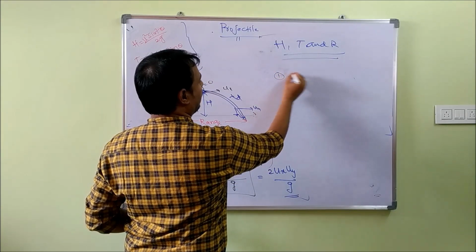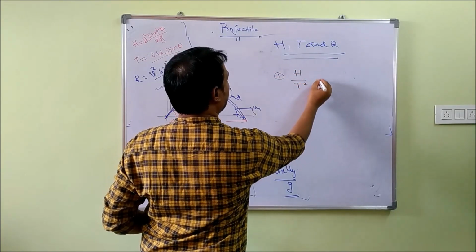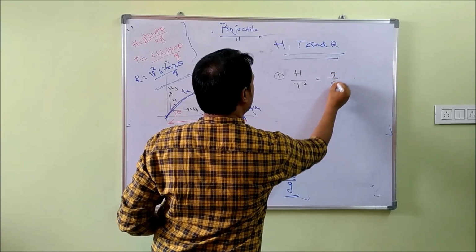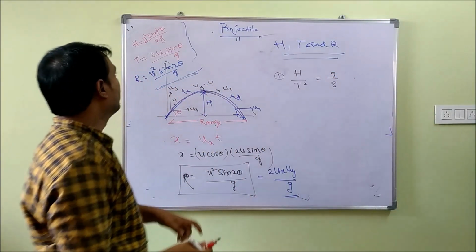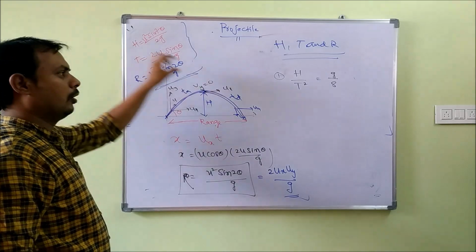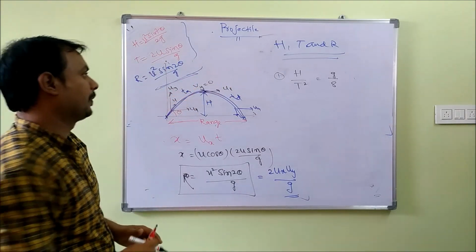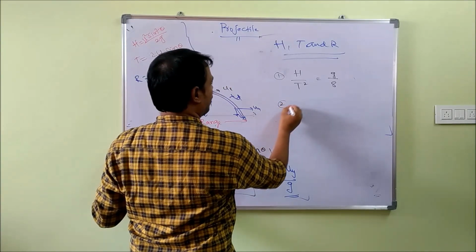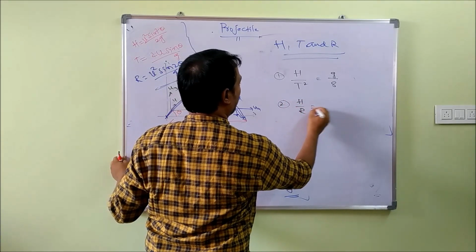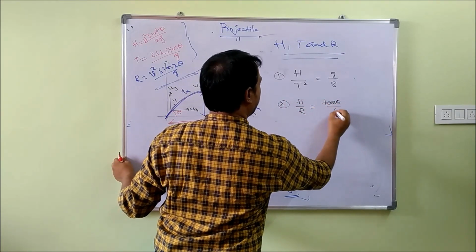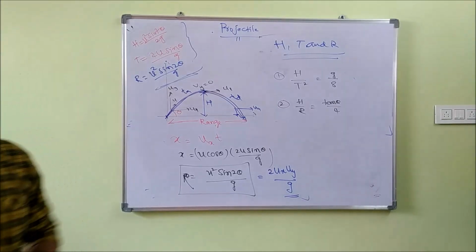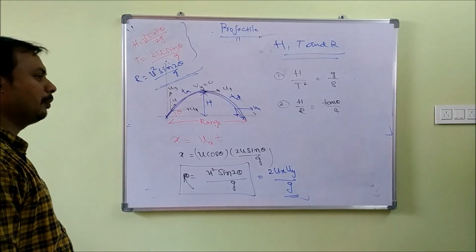The first one, h by t square equal to g by 8. Divide the two equations and solve, and you will get g by 8. And second, h by r equal to tan theta by 4.